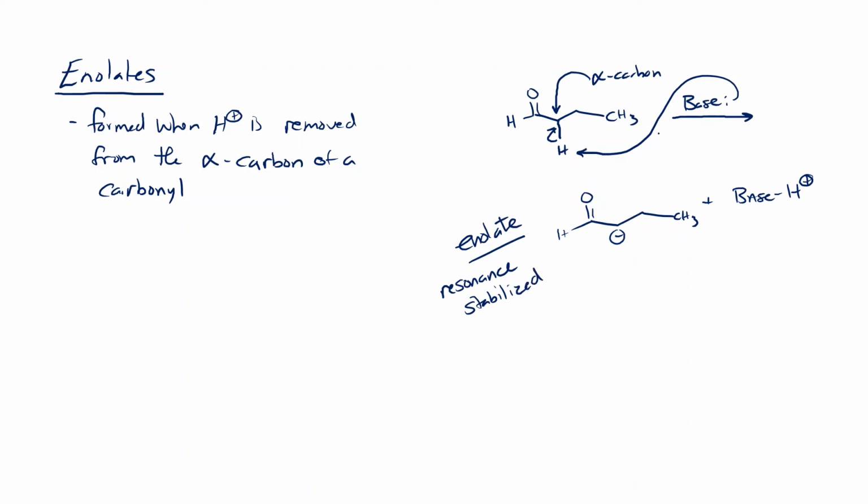It's resonance stabilized. The driving force for this acid-base reaction is that we make a stable base, and the reason that the base is stable is that we can draw this resonance form where you have a negative charge on the oxygen and a carbon-carbon double bond. So this is actually the more common form of an enolate.